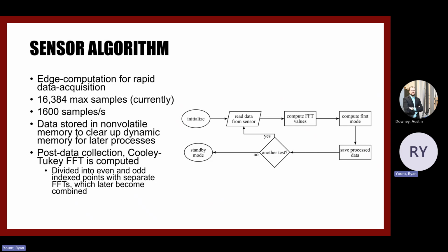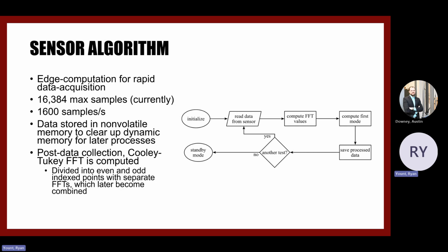So once the data is read, then obviously we want to perform an FFT on the edge on it. And this is basically an early variant of the Cooley-Tukey algorithm, which is why it needs the power of 2, because it essentially just gets divided into even and odd indexed points and then combined later to become just one singular FFT.